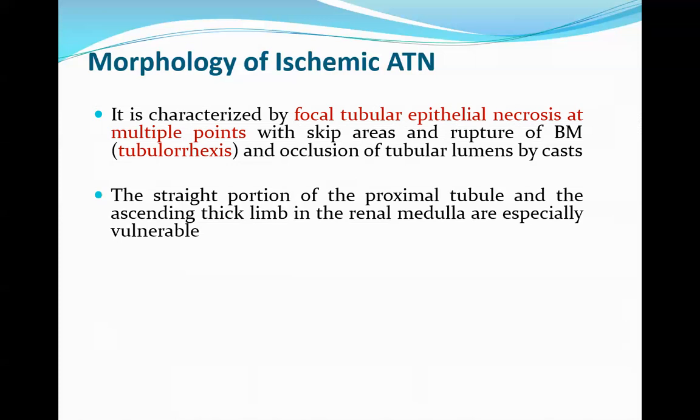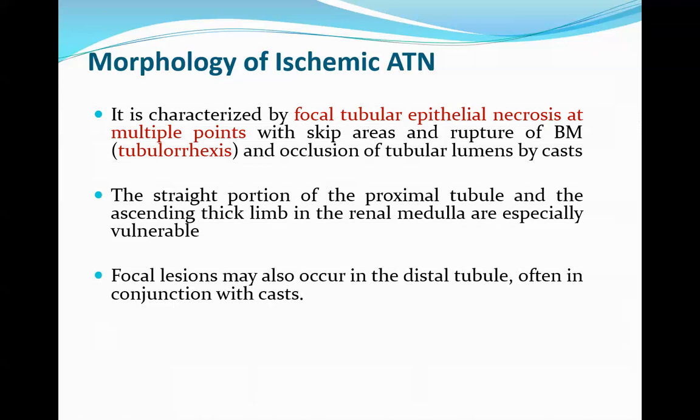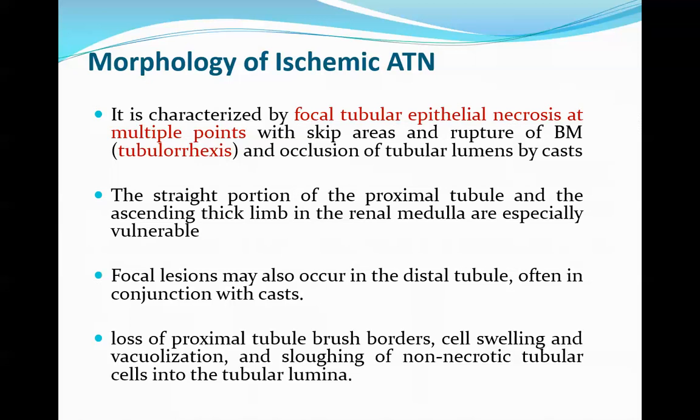The straight portion of the proximal tubule and the ascending limb in the renal medulla are especially vulnerable at this stage. Focal lesions may also occur in the distal tubule, often in conjunction with cast. So in the distal tubule, yes, there is also skip lesion, but the cast will also be there to obstruct.